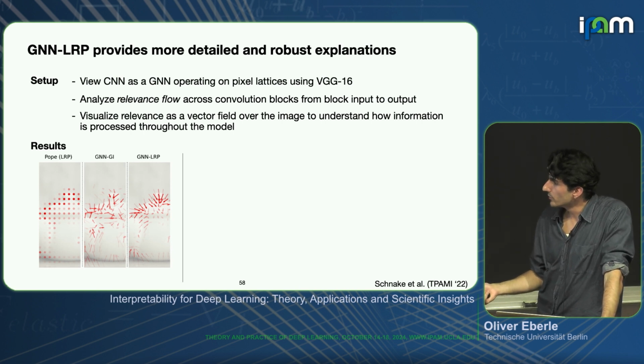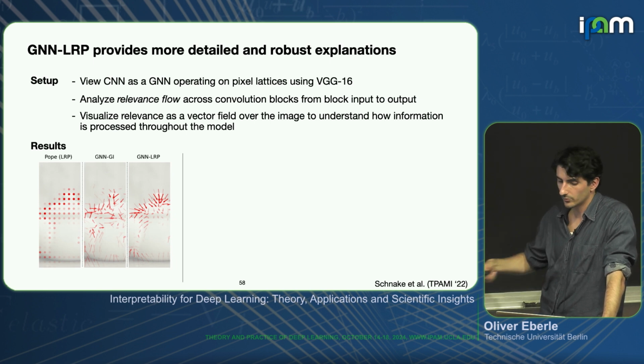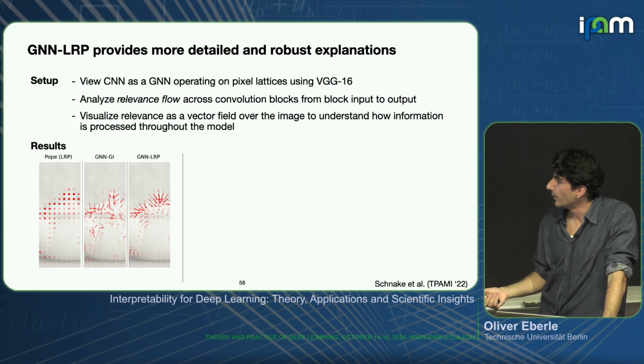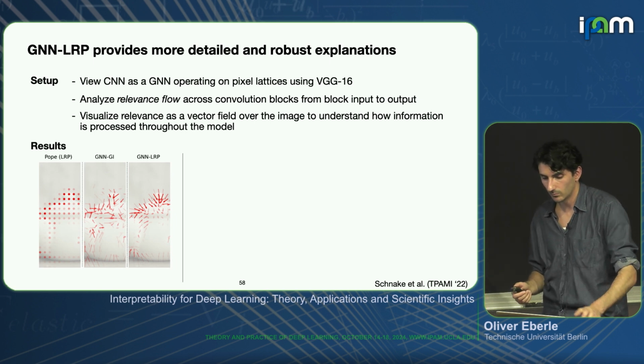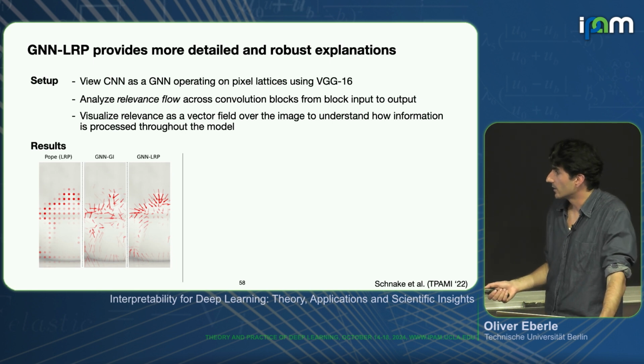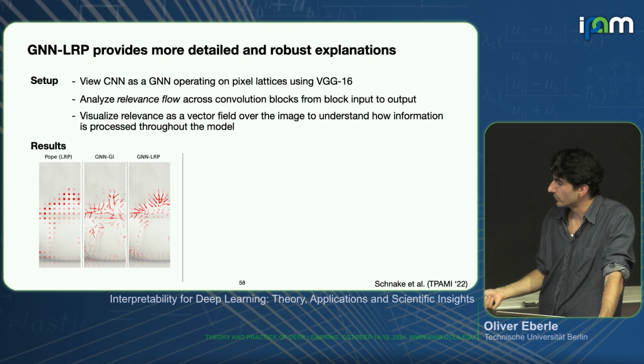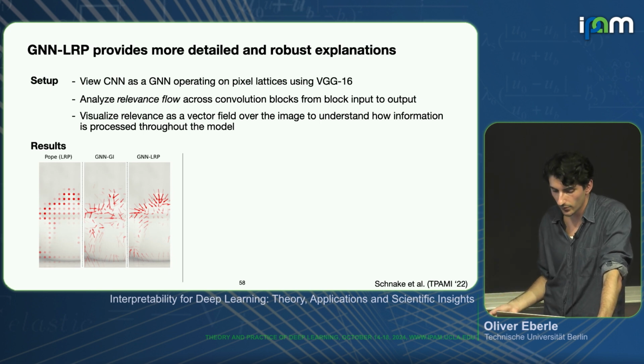Previous approaches would have attributed to just the nodes that correspond to some patch in your image. If you do this naive approach, you do get flow fields, but they are somewhat noisy. If you then use a more robustified version of it, you get more stable, smooth relevance flow fields.